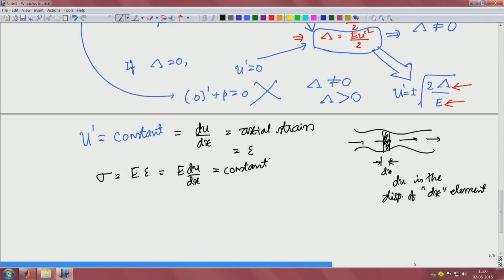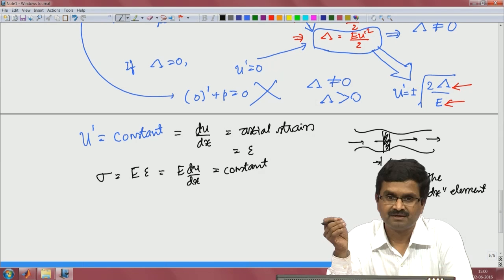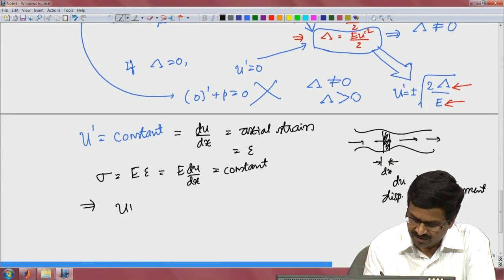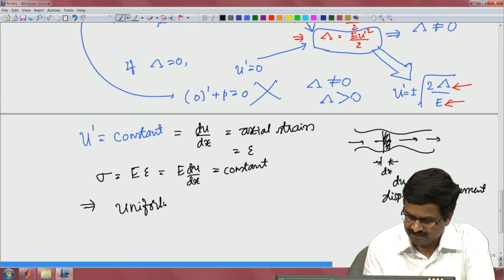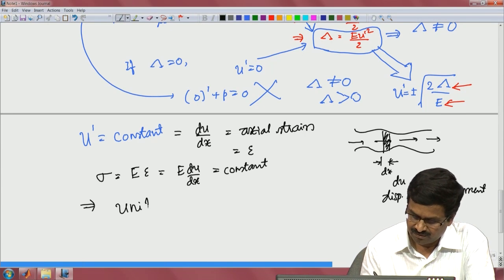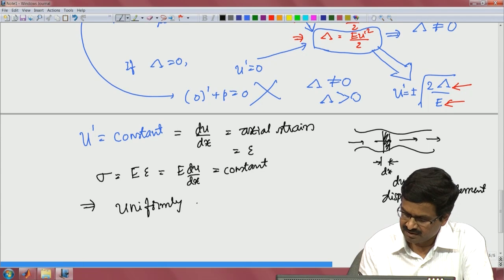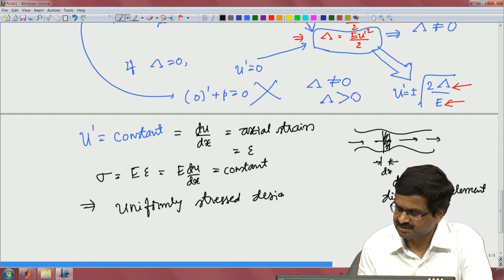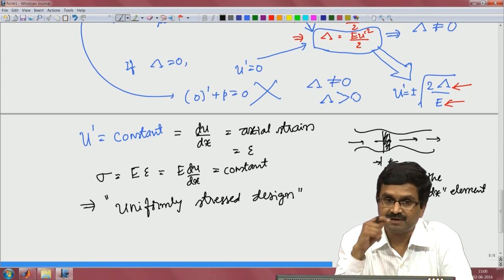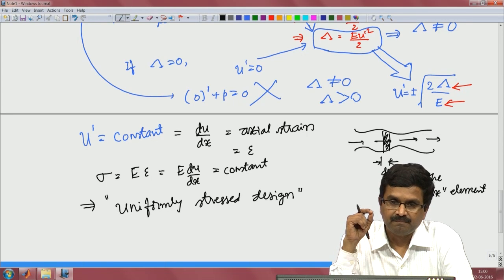So, what we have here is a uniformly stressed design. Sigma equal to constant means that we have a uniformly stressed design. So, our optimal design here has the property that it is stressed equally everywhere. That actually makes sense if you think about it, because we are trying to minimize the strain energy subject to a volume constraint.